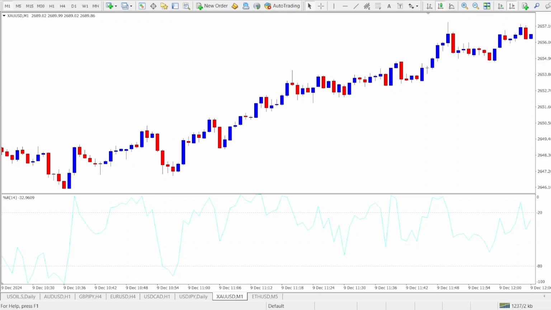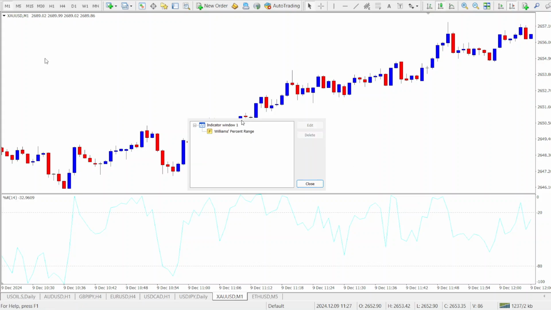It's a momentum indicator developed by legendary trader Larry Williams. Now this indicator is designed to measure the level of the closing price relative to the high-low range over a specified period.